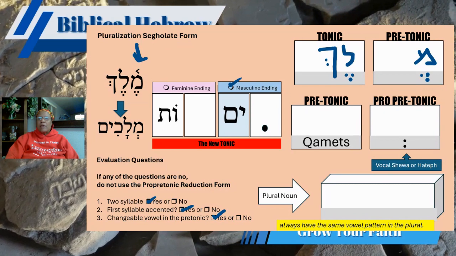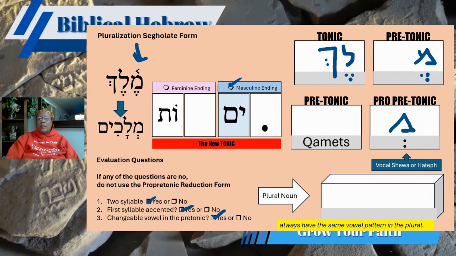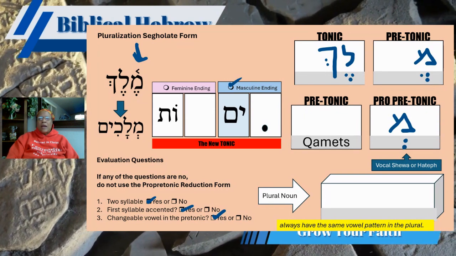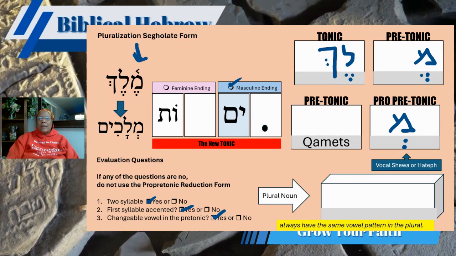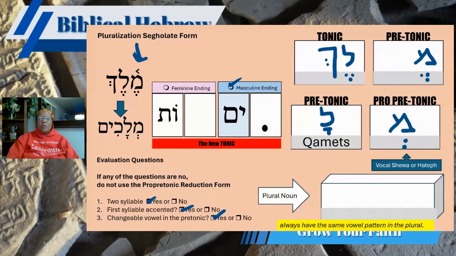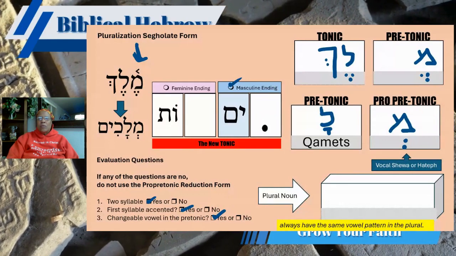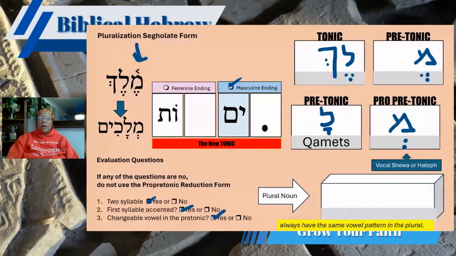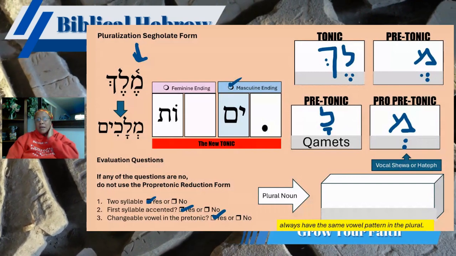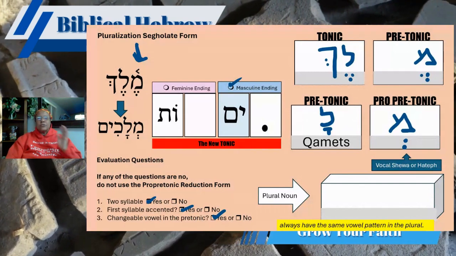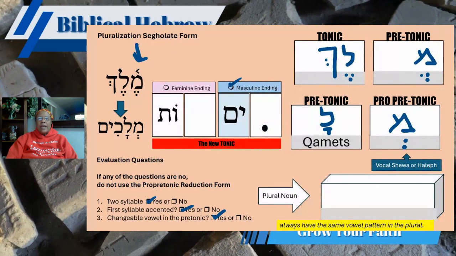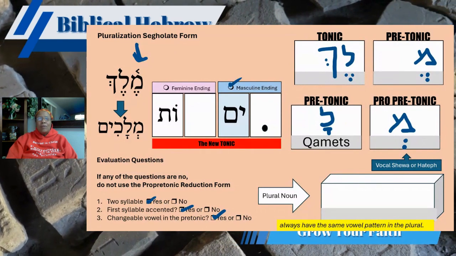So we have a mem with a schwa. The lamed will now get a kametz. We're not going to do anything with the segol; the segol has lengthened to a kametz. It is masculine, and it is a kaf sofit.